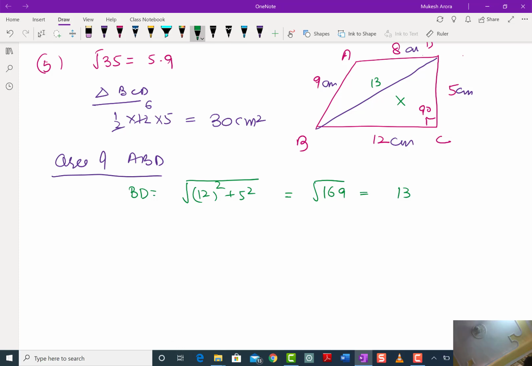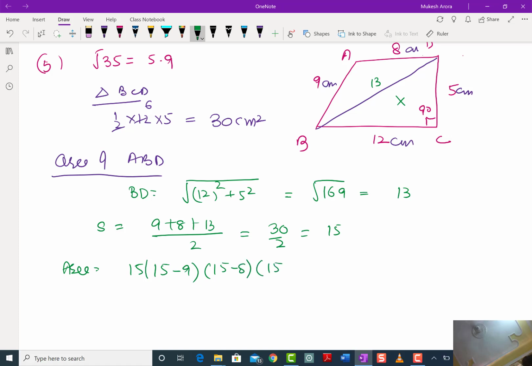Now triangle first, S is equal to 9 plus 8 plus 13 by 2, 30 by 2. This is 15. So area is equal to root of 15 into 15 minus 9, 15 minus 8 and 15 minus 13.